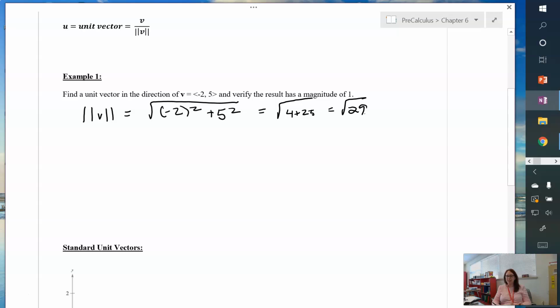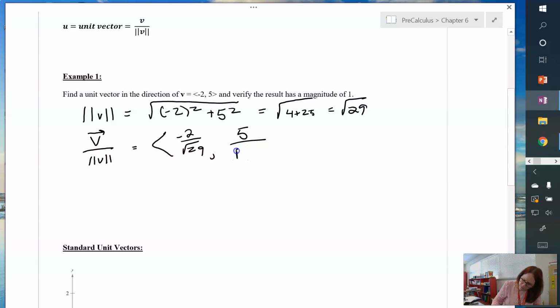Now what I need to do is take each component of vector v, divide it by its magnitude. So then when I do vector v divided by the magnitude of v, I'm going to write this in component form, -2 over the square root of 29, and 5 over the square root of 29.